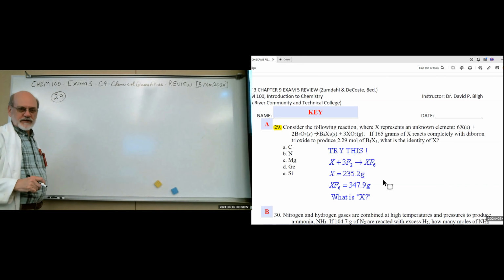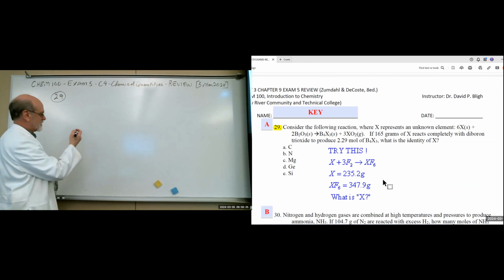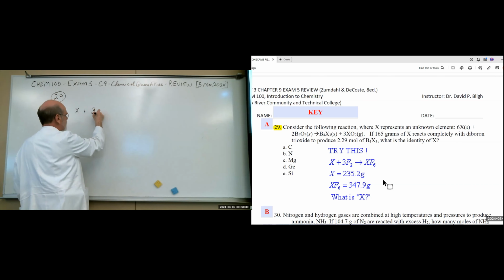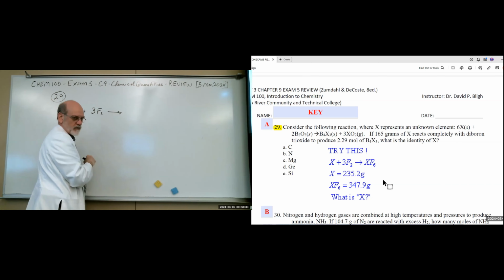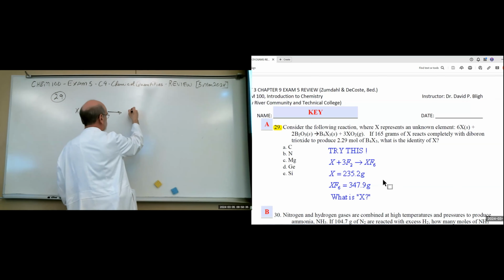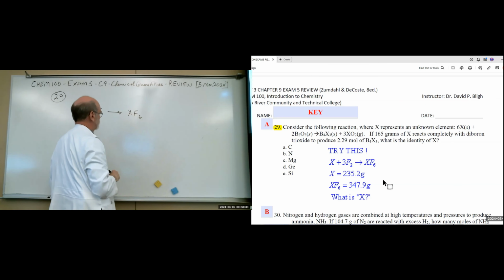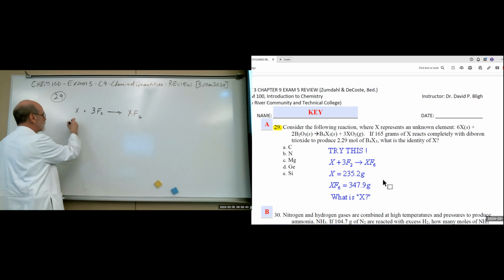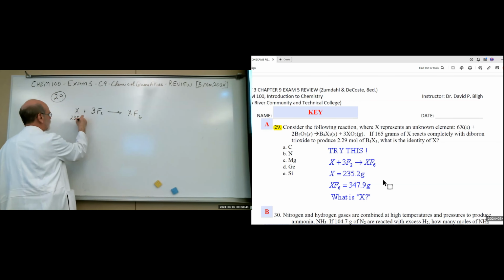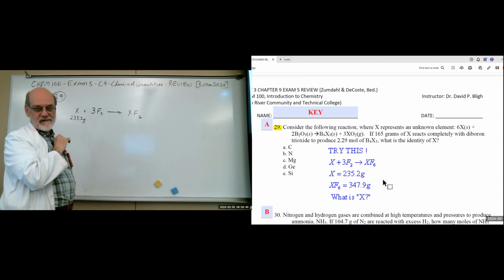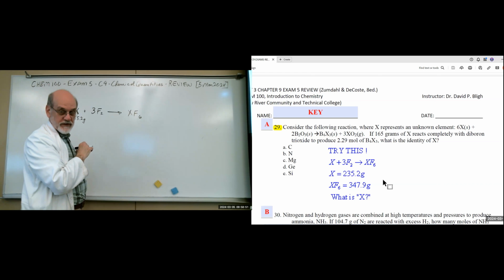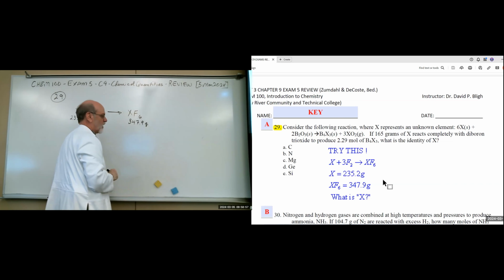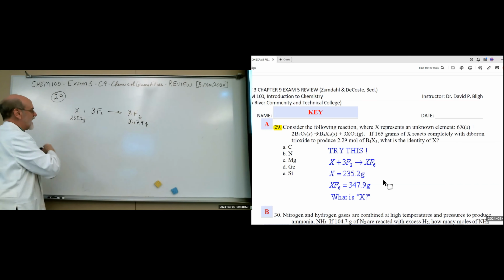So if we have a similar situation where we have this equation, X plus 3F2 yields XF6, and we know the X is 235.2 grams and XF6 is 347.9 grams, then what's X?